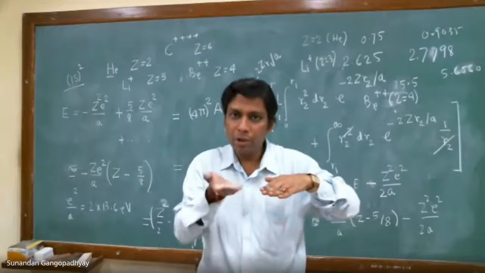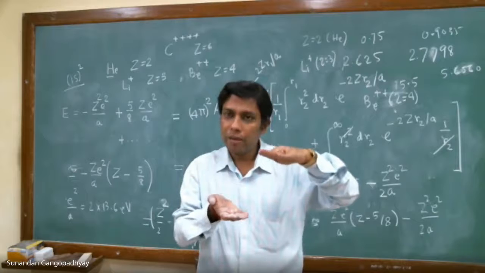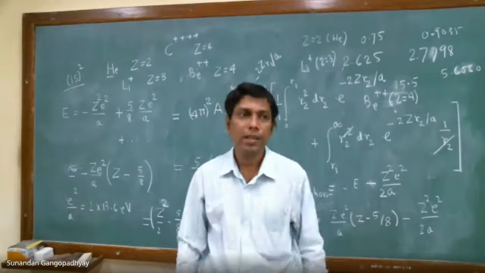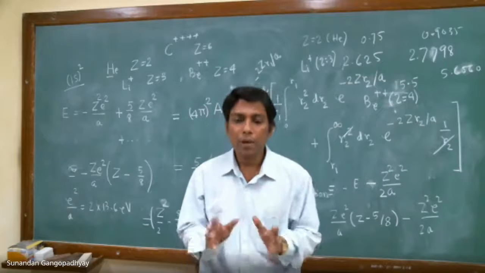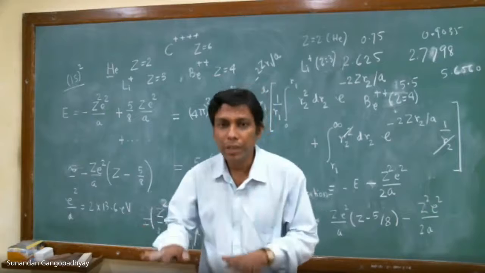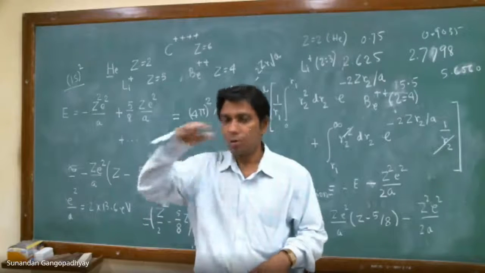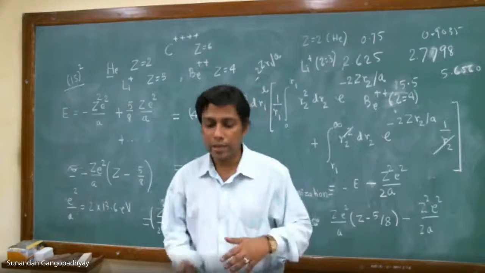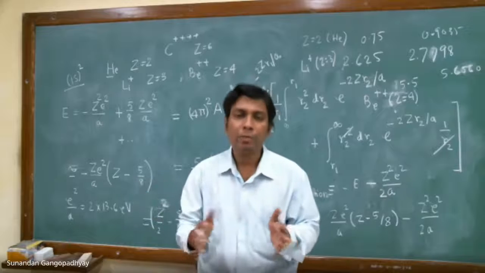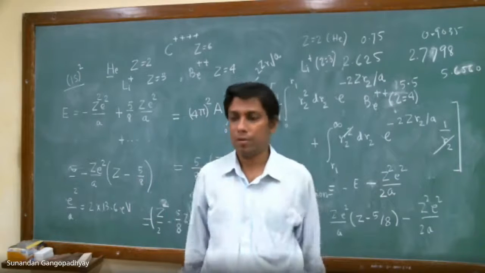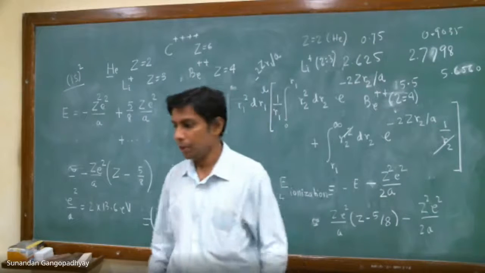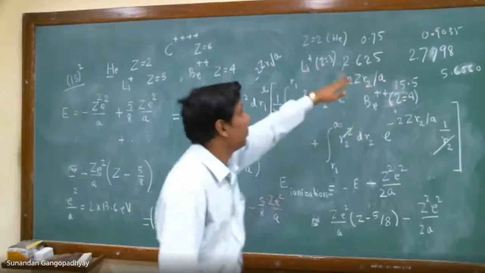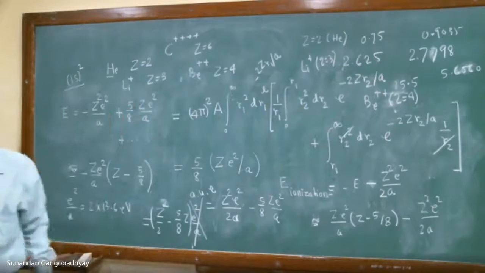So as you increase Z, the perturbation becomes weaker and weaker. No wonder that as you increase Z, the agreement between theory and experiment becomes better. That is the reason the matching is improving.